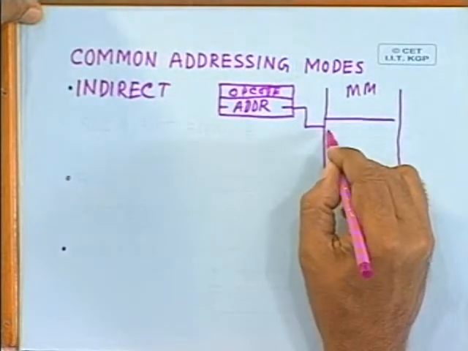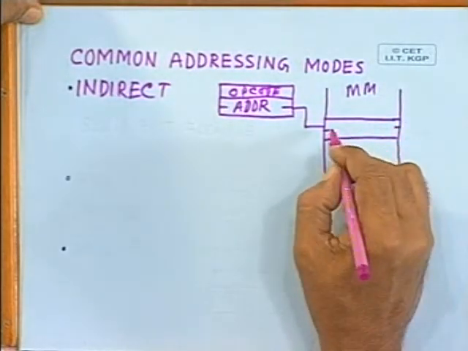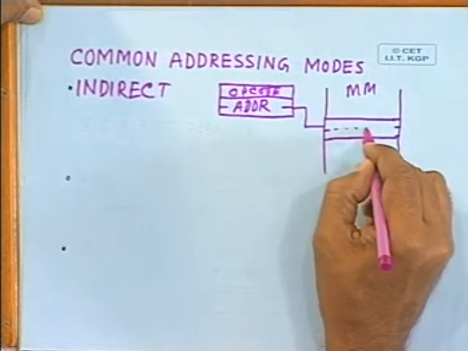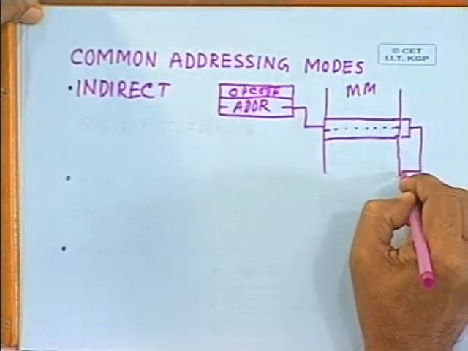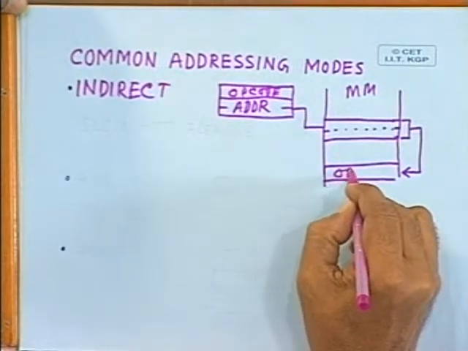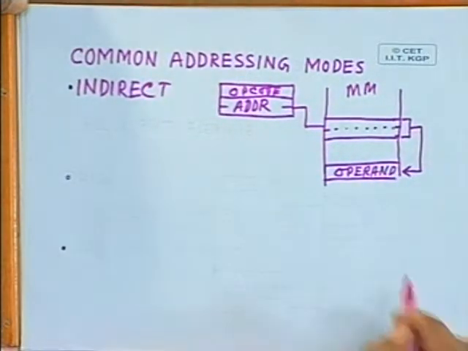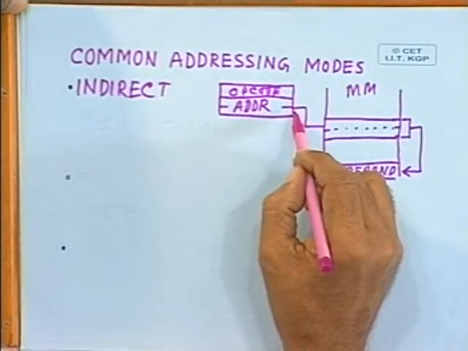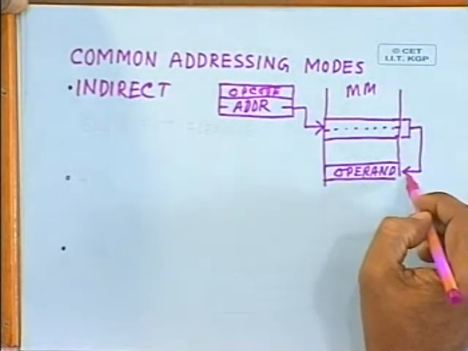It is byte organized and you will require 2 locations. So, it will point to the first byte and these 2 bytes will be the address of the operand. That means, this will be used to point to another memory location where your operand is stored. This is your operand. So, this address is not providing the address of the operand, but it is pointing to another address which is pointing to the operand.